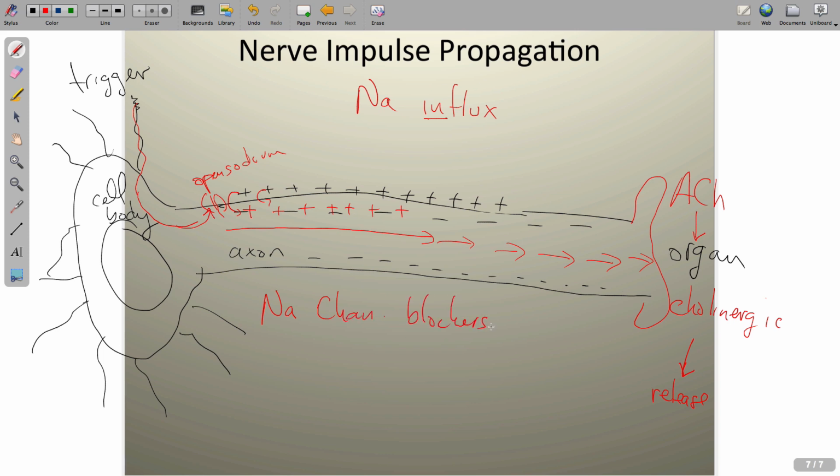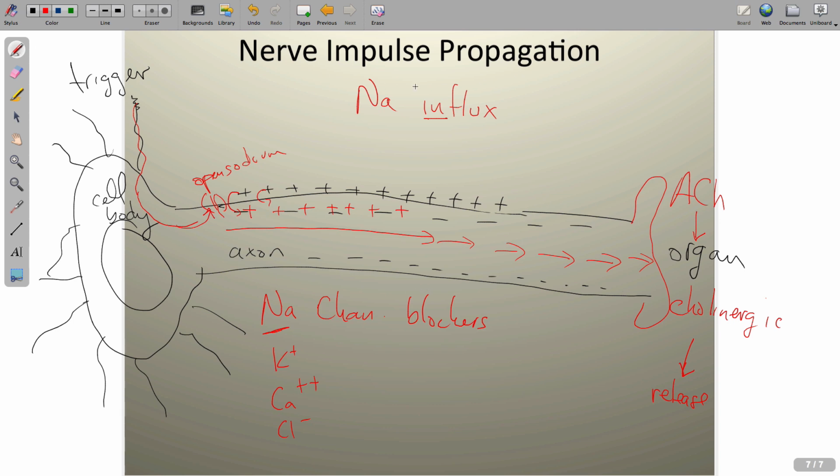Everything we do in medicine with respect to pharmacology is going to impact some sort of ion channel. It could be a sodium channel, a potassium channel, a calcium channel, a chloride channel, all sorts of different things. All of these are going to change the way the body responds or propagates an impulse or causes a change to one of the sites.